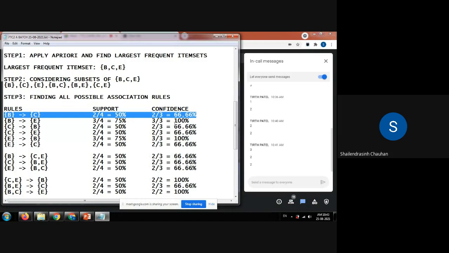So can you consider this rule as a strong rule? Minimum support given is 50%, minimum confidence given is 70%. Can you consider this as strong rule? Yes or no?